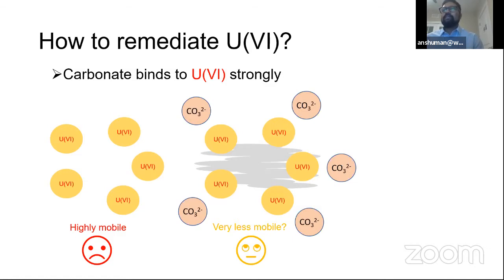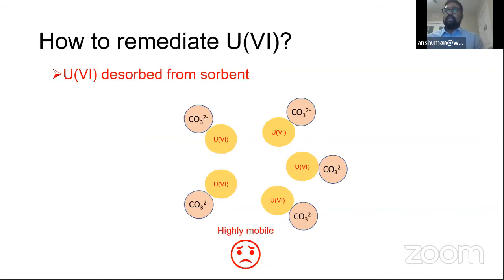Why? Because carbonate can bind to uranium-6 very strongly. And in groundwater in the subsurface, we have a lot of carbonate. It can bind very strongly to uranium-6, and it can dissolve uranium-6 from the binding material, and it becomes again highly mobile.